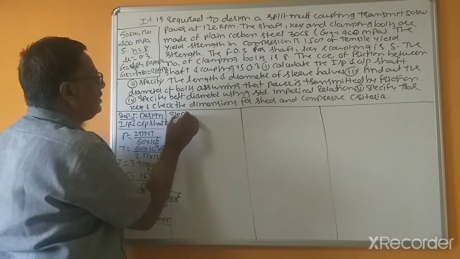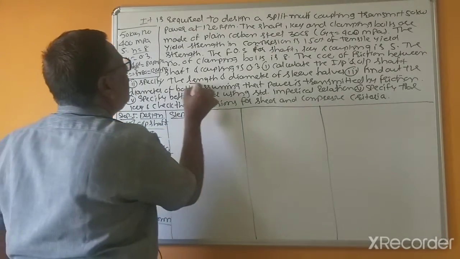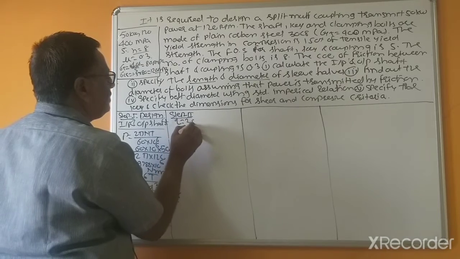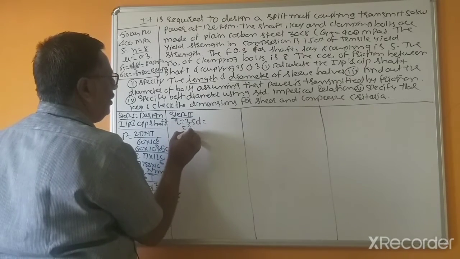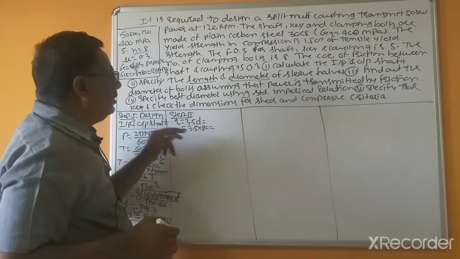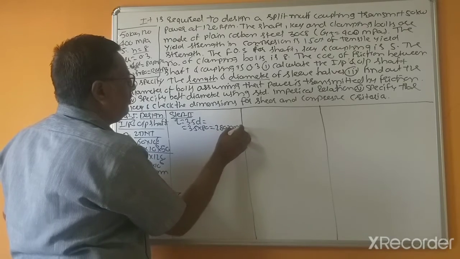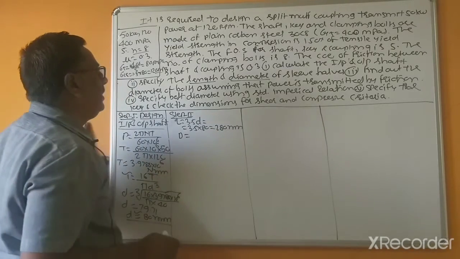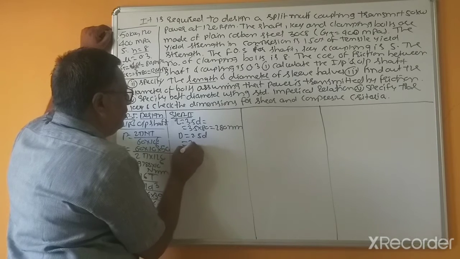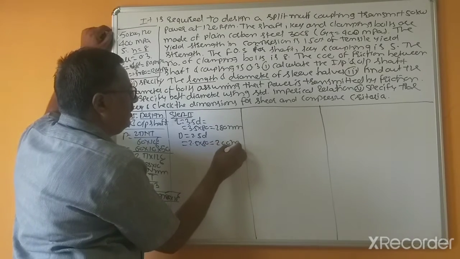Next, step second, specify the length and diameter of the sleeve. Length L equal to 3.5D, 3.5 into 80, which is 280 mm, and D equal to outer diameter of the sleeve, equal to 2.5D plus 40, 2.5 into 80 is 200, plus 40, which is 240 mm.